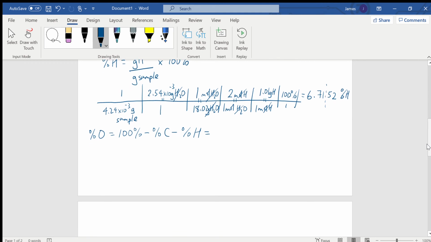All right, so this is 100.0% minus the percent of carbon, which we said was 39.968, and then minus the percent hydrogen, which we calculated to be 6.7152.